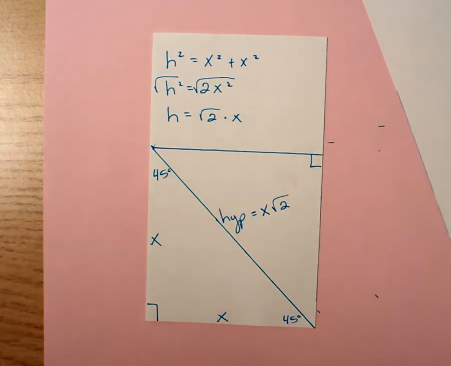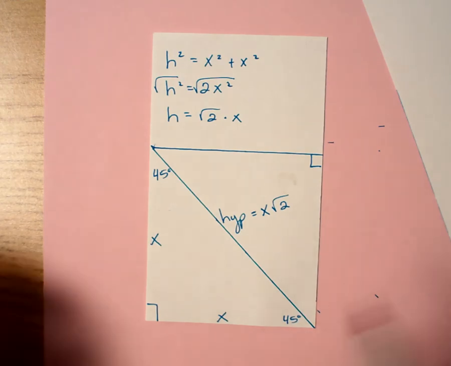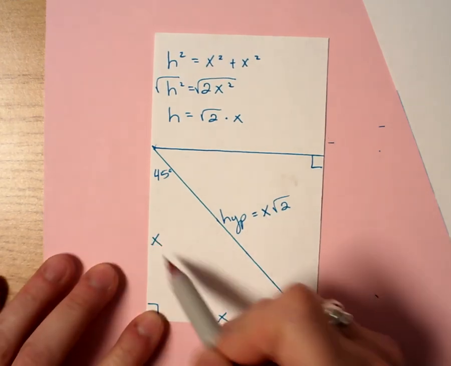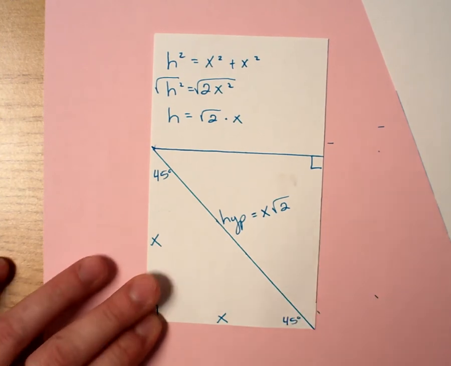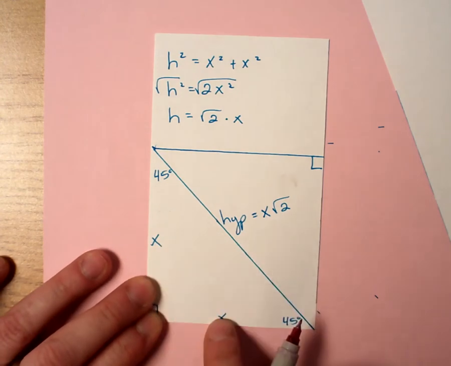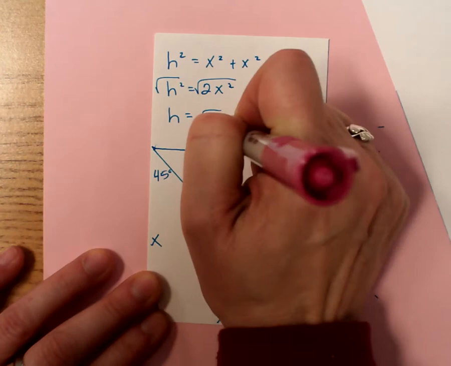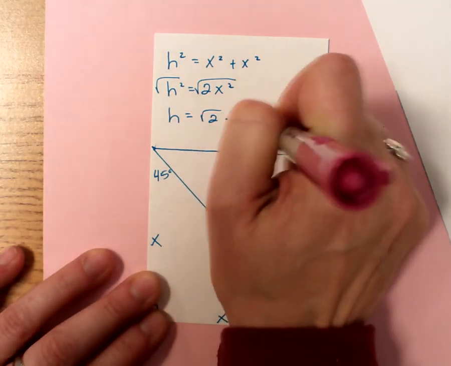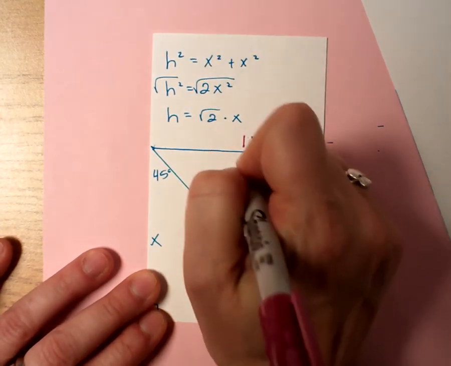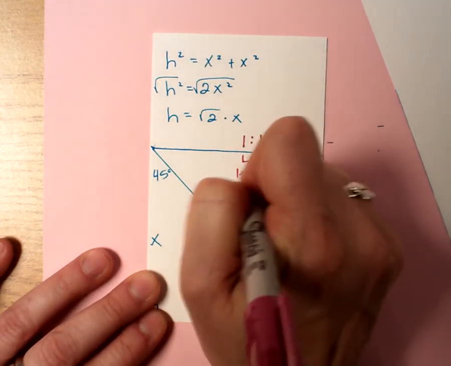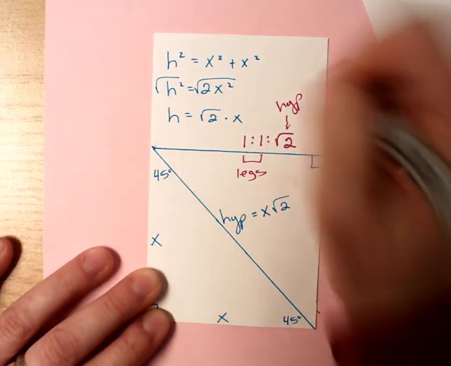Now what I'm going to use in class most frequently is the extended ratio for this. So if we think about the coefficients on each of these, and we covered this in our similarity chapter, thinking about extended ratios, I can say the extended ratio for any 45, 45, 90 triangle can be expressed as 1, 1, square root of 2, where these 1's represent the legs, and our square root of 2 is going to represent the hypotenuse.